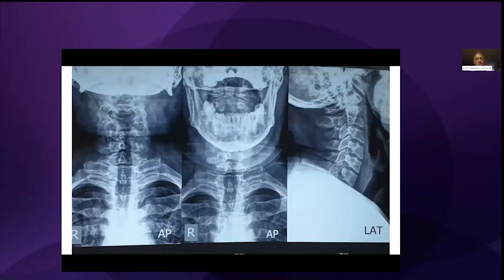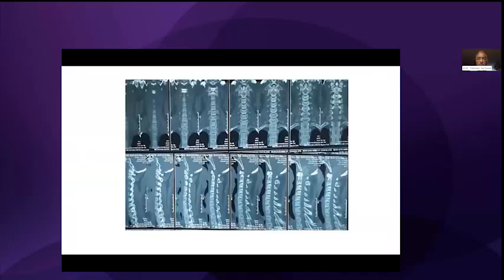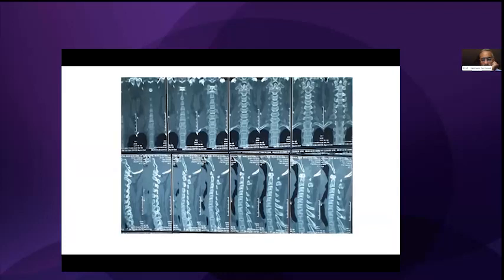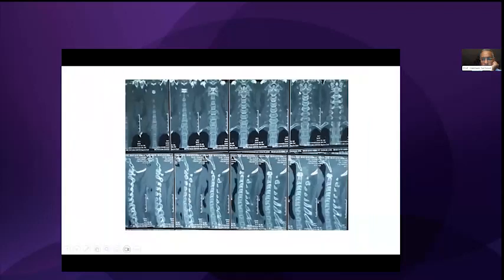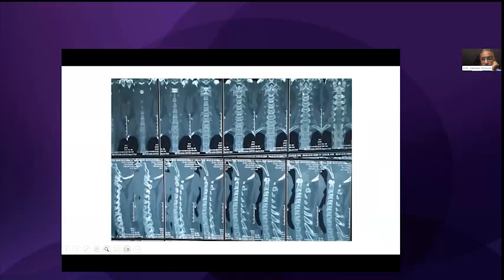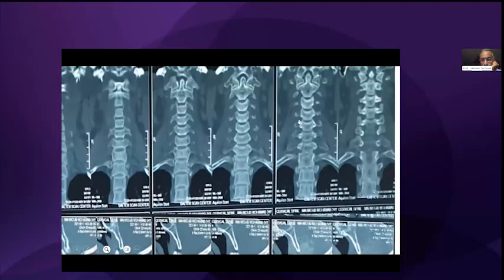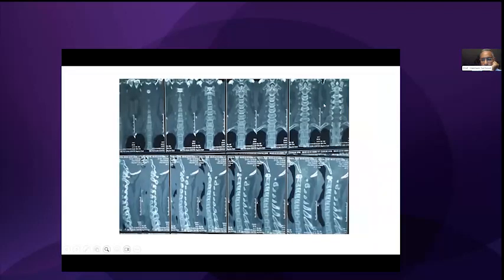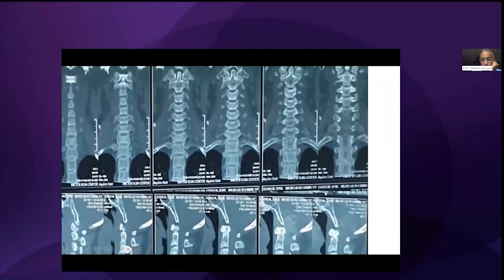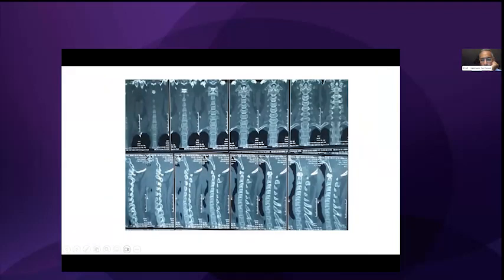So this is a follow-up X-ray showing the odontoid base fracture, but we cannot see if there is healing or not. So we did a CT scan after follow-up, maybe 4 months after he came to see me, and after he started treatment with teriparatide, vitamin D and calcium.